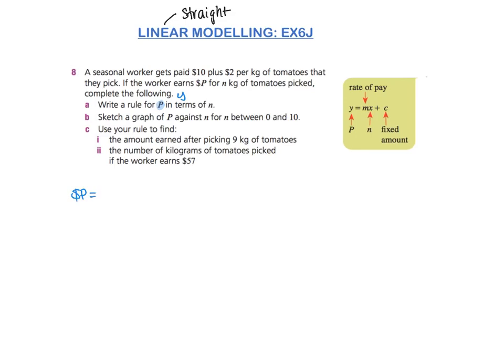We normally have Y equals, don't we? So now we know that price is the Y, and therefore N must be like our X. Normally we see this pattern for a straight line, mx plus c, but now instead of X, we're going to use N. So let's go look at the other things.